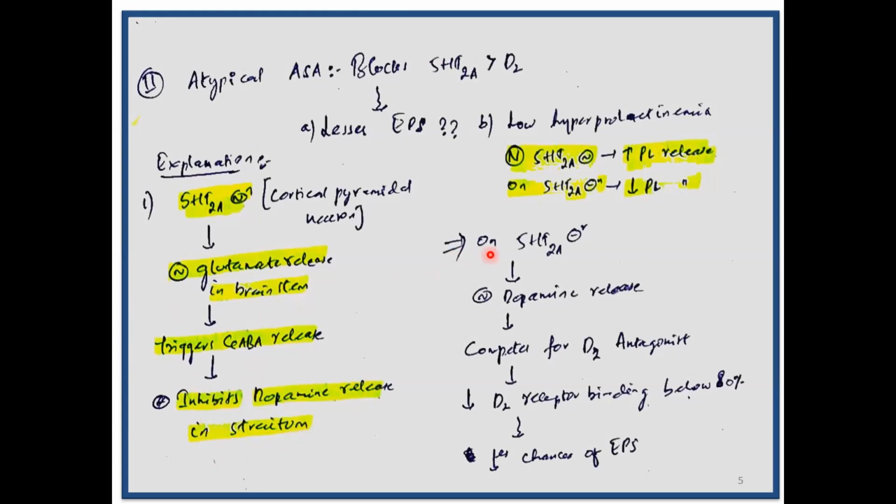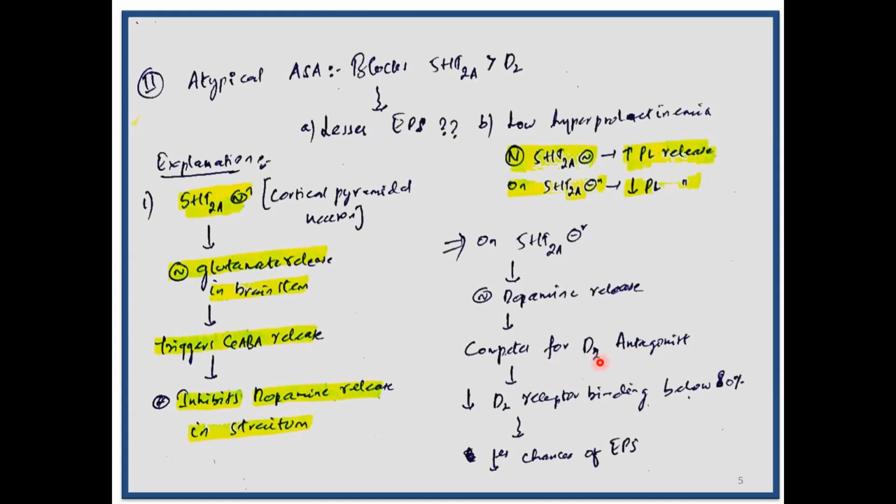So what happens once you give a blockade of the 5-HT2A receptor, that is in the form of atypical antipsychotics? You will see that the net effect will be an increase in dopamine release, that is endogenous dopamine release. Now once there is an increase in the dopamine level, it tries to compete with the dopamine antagonist.